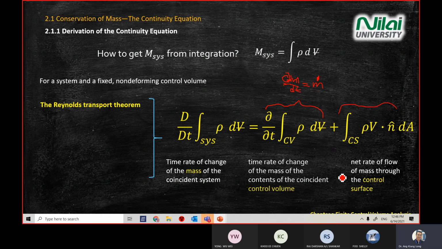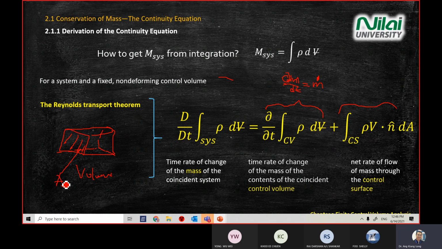The second term is control surface. Now, what do I mean by control surface? If you draw a cube, maybe I draw it here. Let's say you have a cube like this. Volume, you know how to calculate volume, right? Volume is this one. However, when you look at control surface, you look at the surface area, A here.